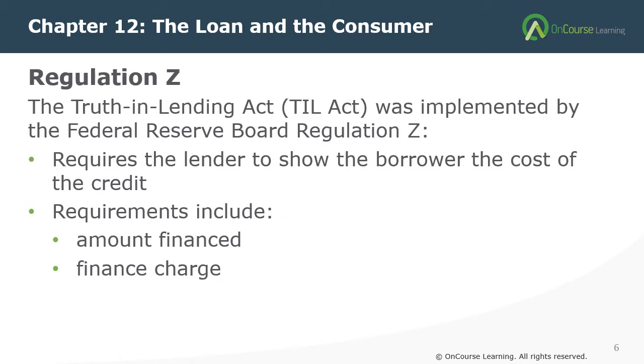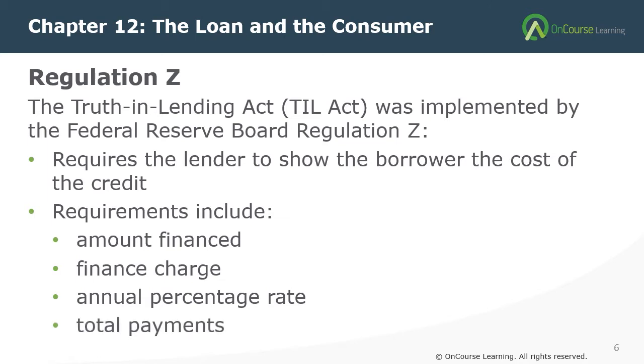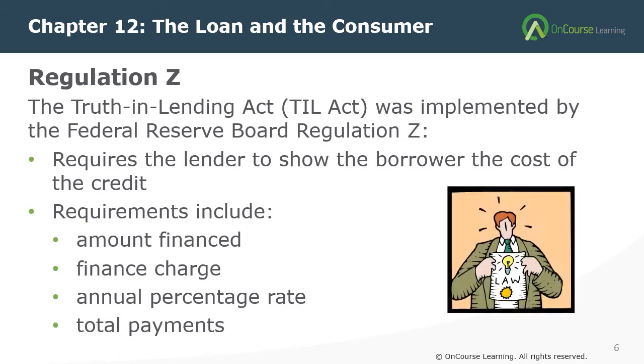How about mortgage insurance, as well as other applicable lender charges? That all has to be disclosed to the borrower. Also, something known as the annual percentage rate must be quoted. And of course, the total of all the payments made over the lifetime of that particular loan.